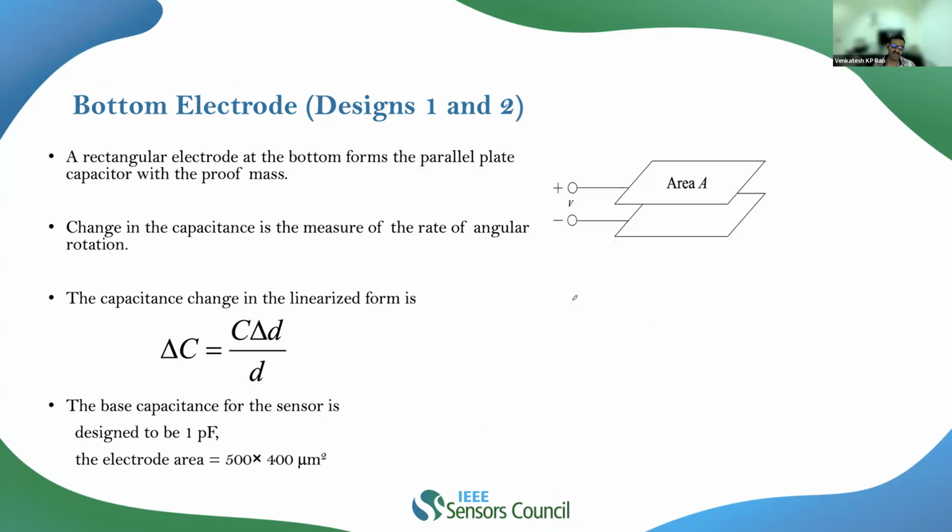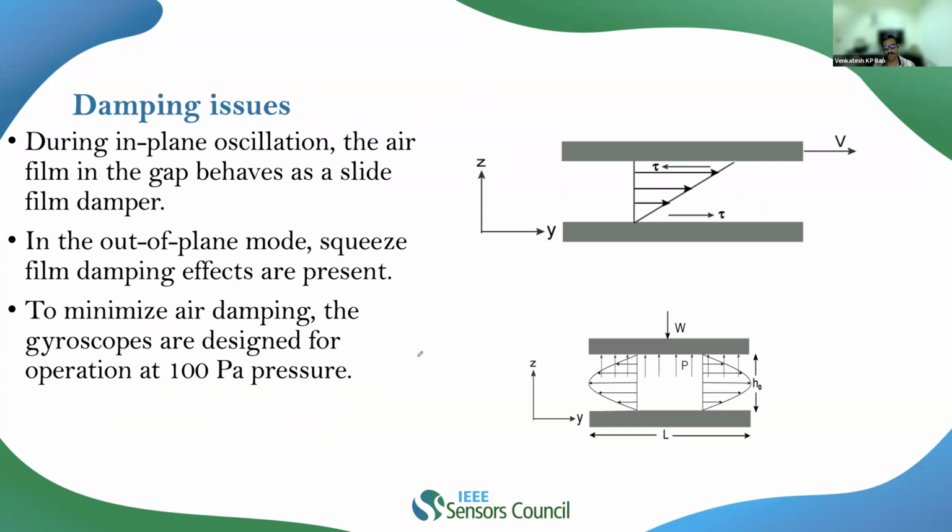So similarly, for the bottom electrode design also, you need to do the back-end calculations and see what would be the base capacitance you get, and then the change in capacitance that you get. And then for the drive direction and sense direction, you need to evaluate the damping.